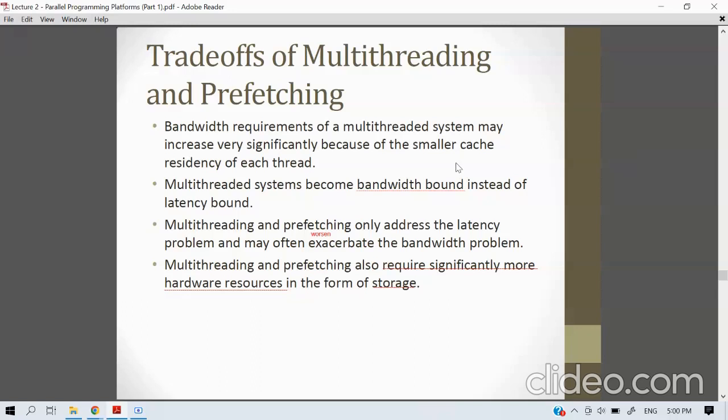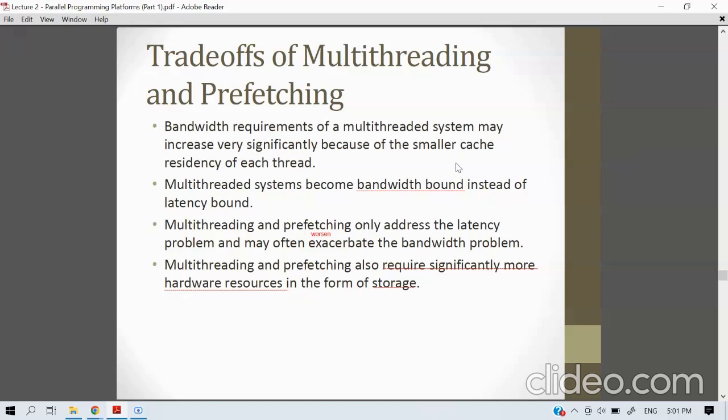So a multi-threaded system becomes bandwidth bound instead of latency bound. This is the trade-off, the limitation of multi-threading. Instead of getting faster in processing time, it requires larger bandwidth during the execution.